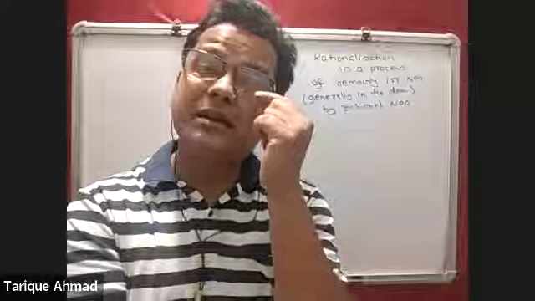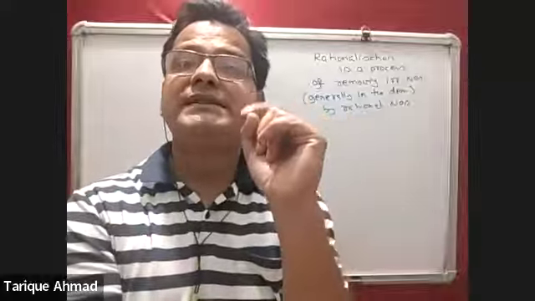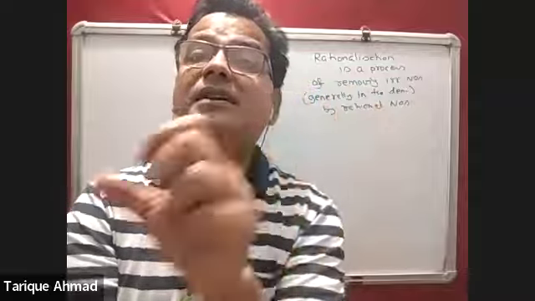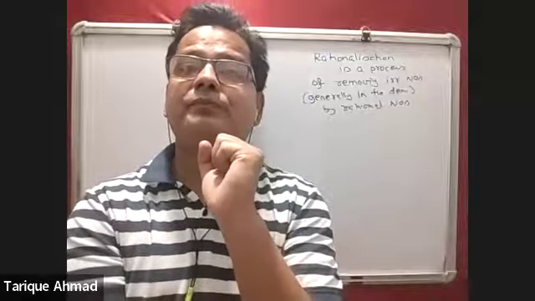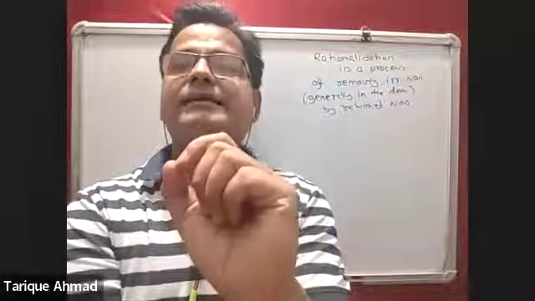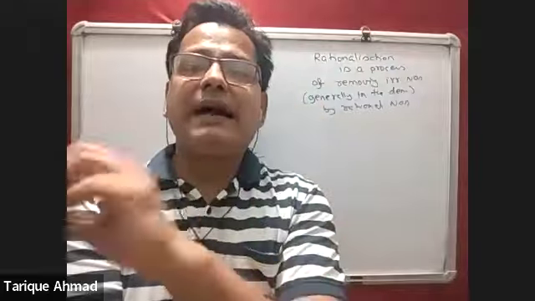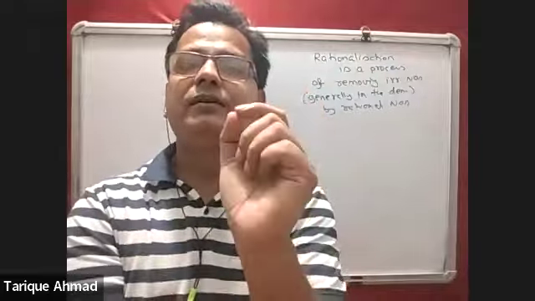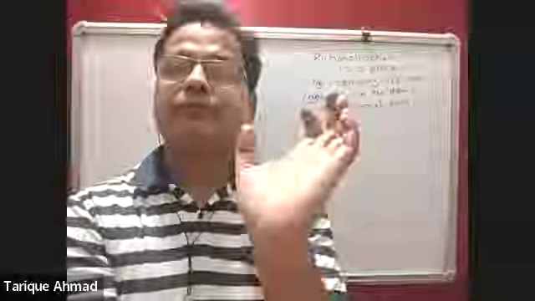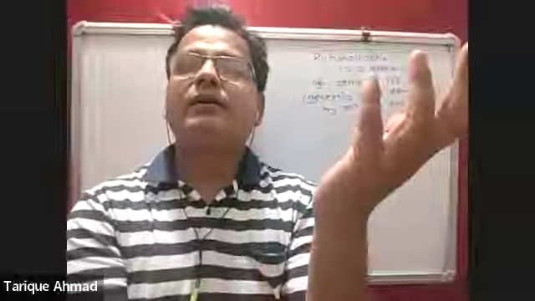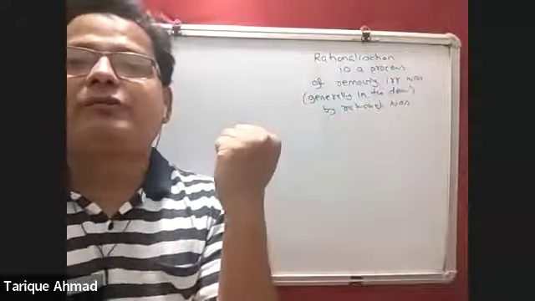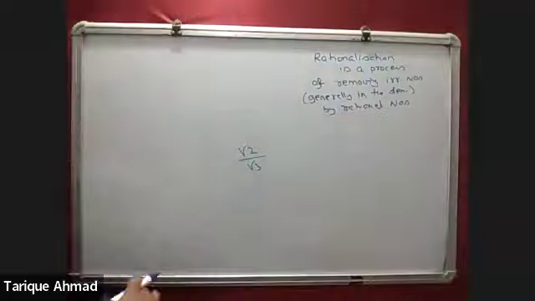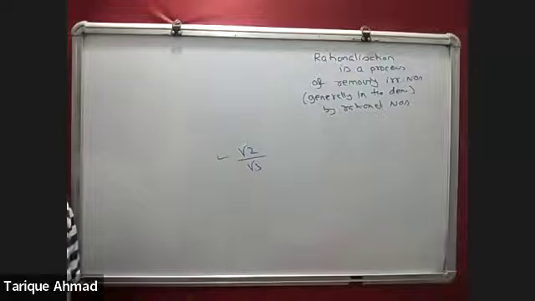This is a misconception among most students. It is correct that in class 9th and 10th we rationalize the denominator 99.9% of the time, but sometimes we can rationalize the numerator also.